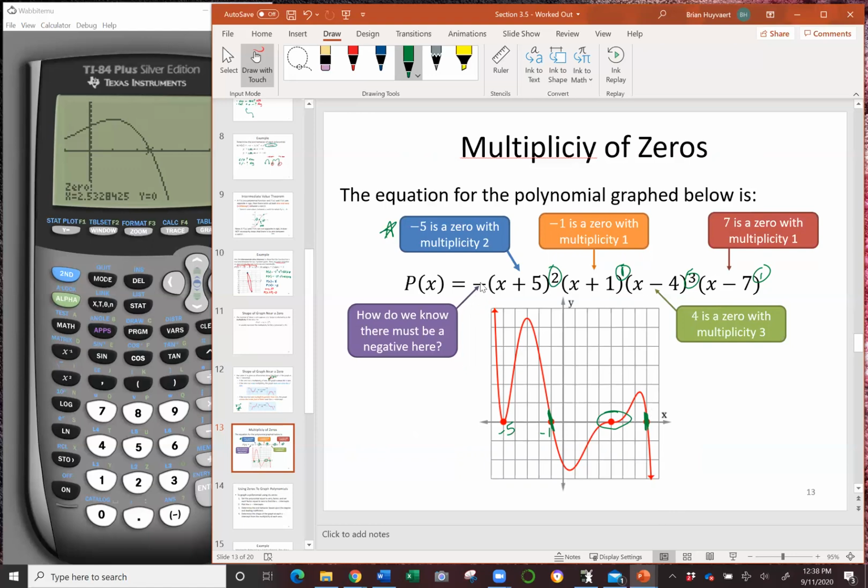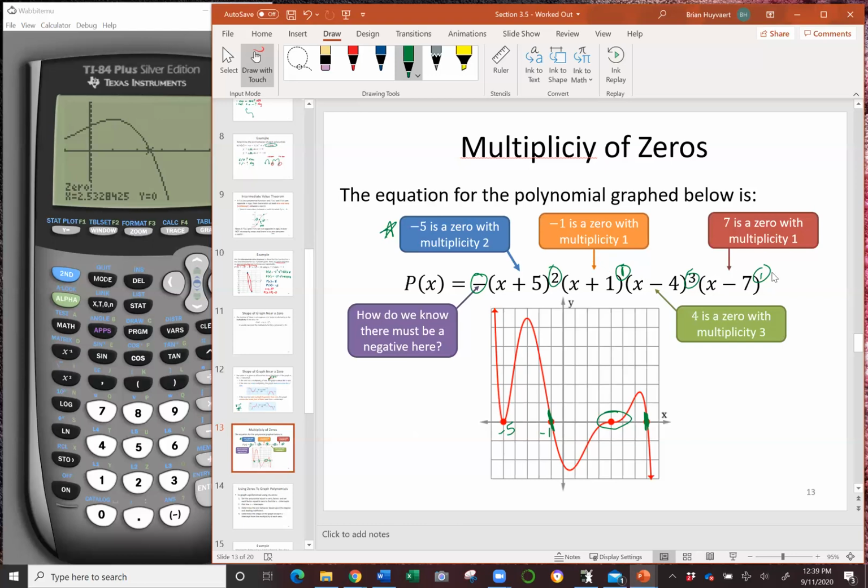Now, the only other piece is that there's a negative out front here. What does that do? We might not know as we're going through whether, at the 0 at negative 5 from x plus 5 squared, it bounces up this way or the other way, right? Which way am I passing through the axis at negative 1? This is just a product of looking at all of my powers: 2, 1, 3, and 1.